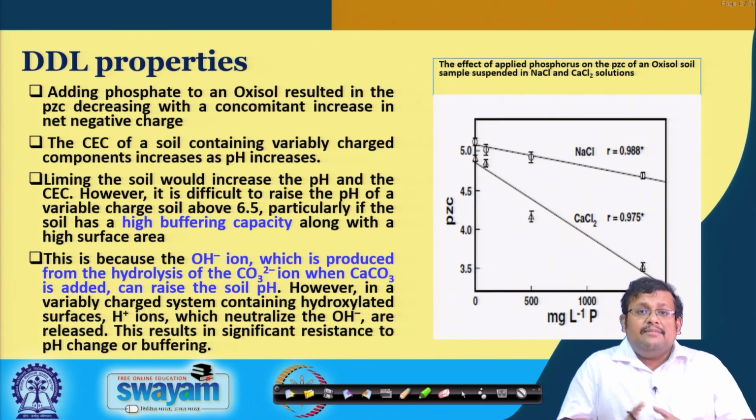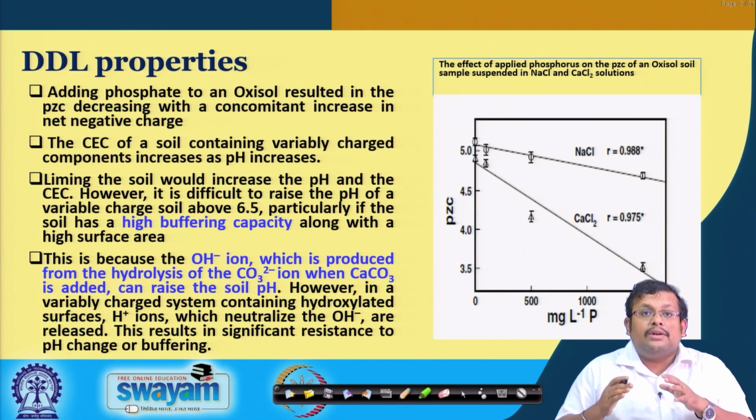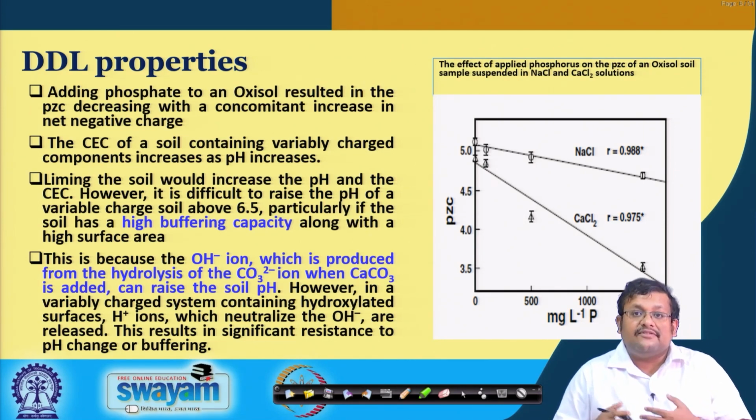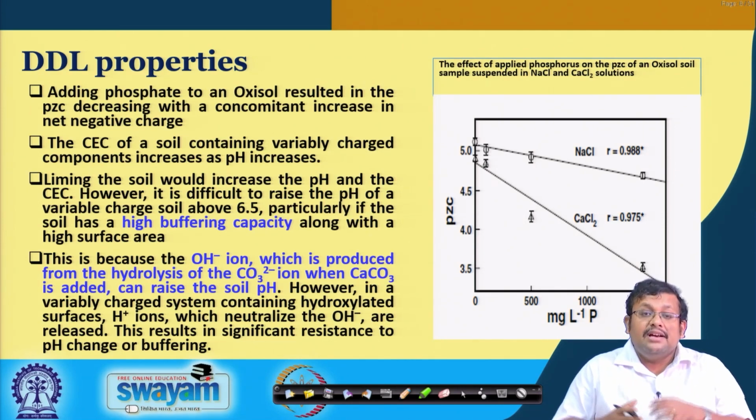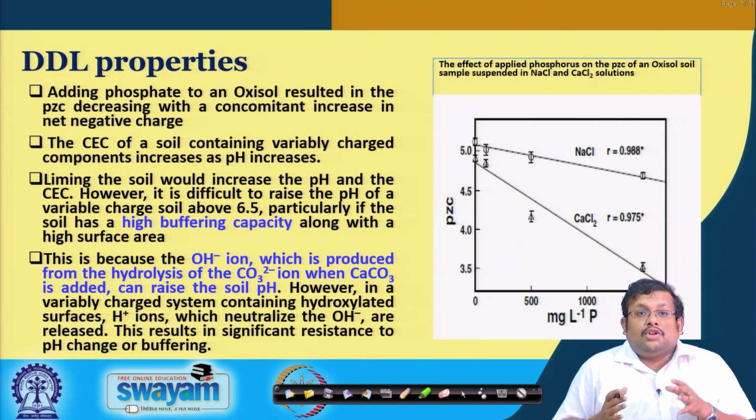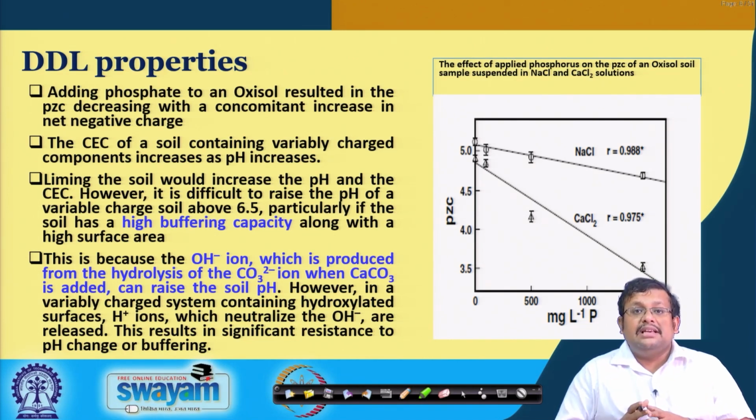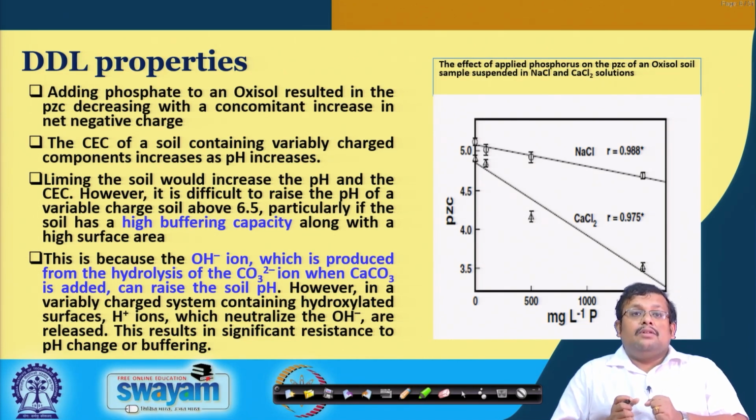However, in a variable charge surface, when the pH is above 6.5, particularly if the soil has a high buffering capacity along with a high surface area, it is difficult to raise the pH.